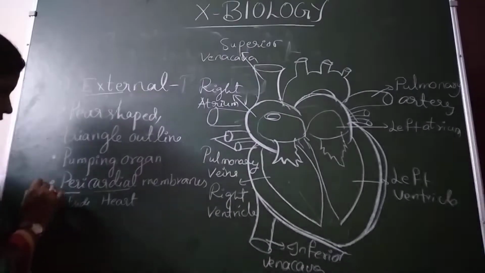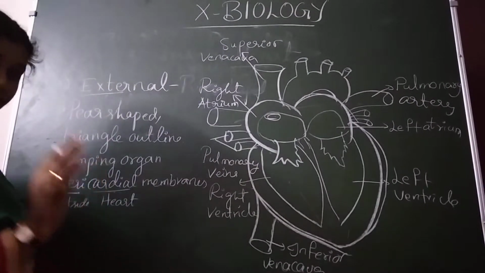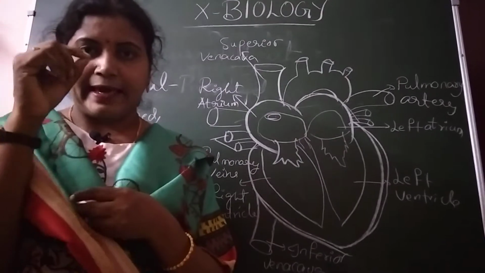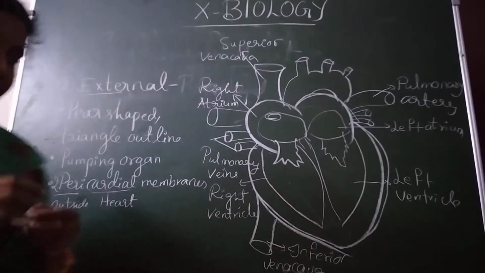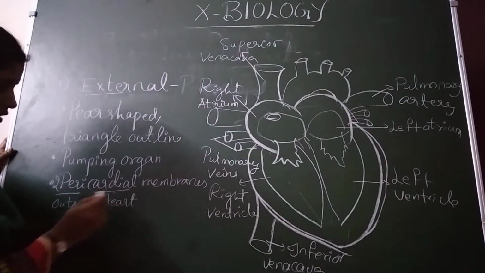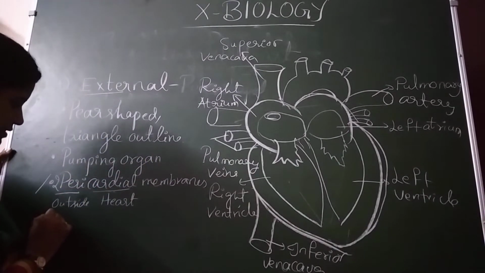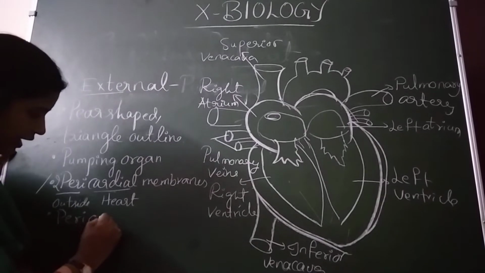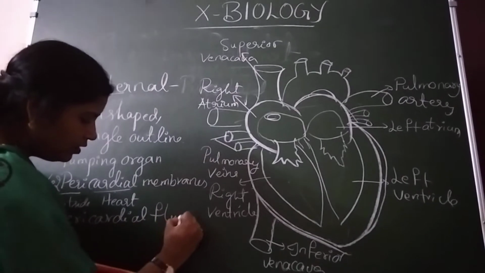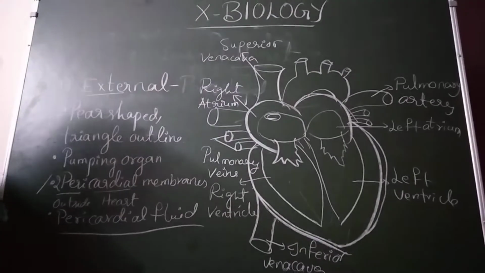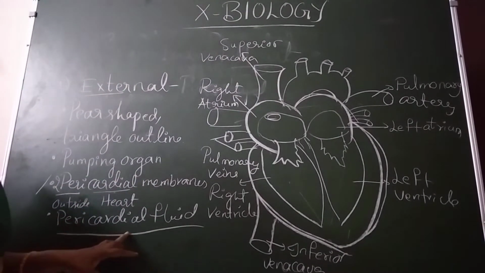How many membranes are there? Two pericardial membranes are present, and these two pericardial membranes have a small gap in the middle. That gap is known as the pericardial space. In between the pericardial membranes is the pericardial space, and that space is filled with pericardial fluid.